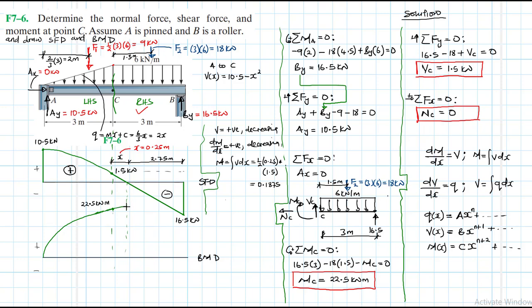Think of this as being quadratic, and this value here is positive, so we are going to sum it with 22.5 plus 0.1875, and this gives us 22.6875. So this is 22.6875 kilonewton meters.